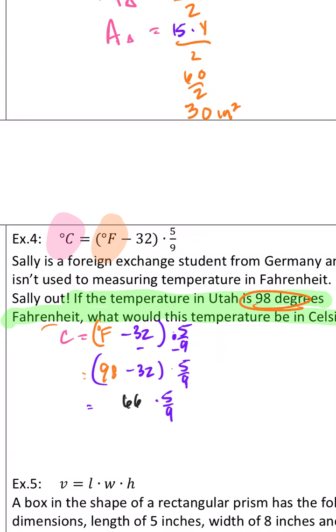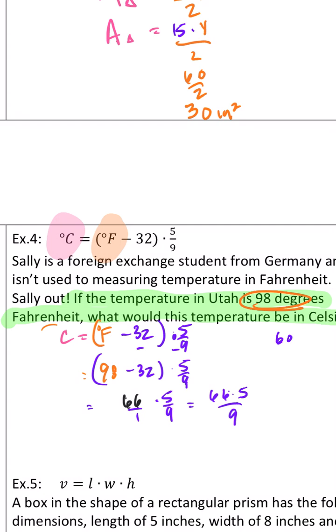And I'm going to teach you a few things in class, but when you look at this, you take 66 times 5, right? Because this is going to be 66 over 1. So if you're multiplying a fraction, you're going to take 66 times 5 over 9. Now, if you do the long multiplication of 66 times 5, I'm going to write it out like this.